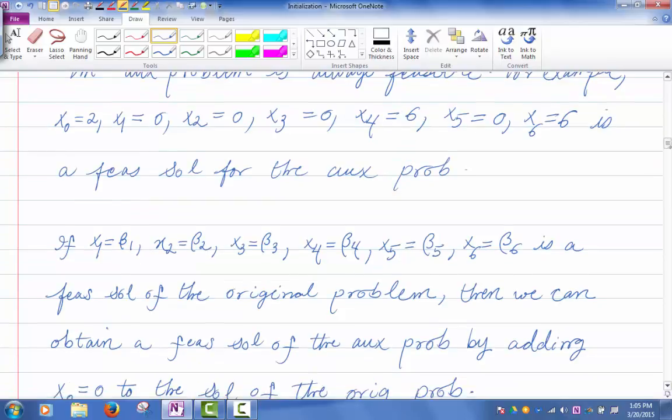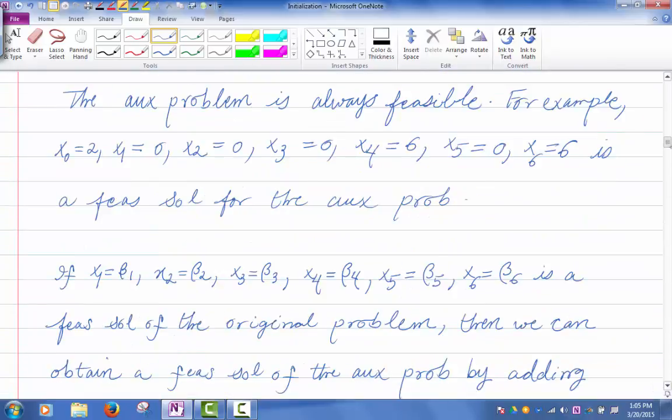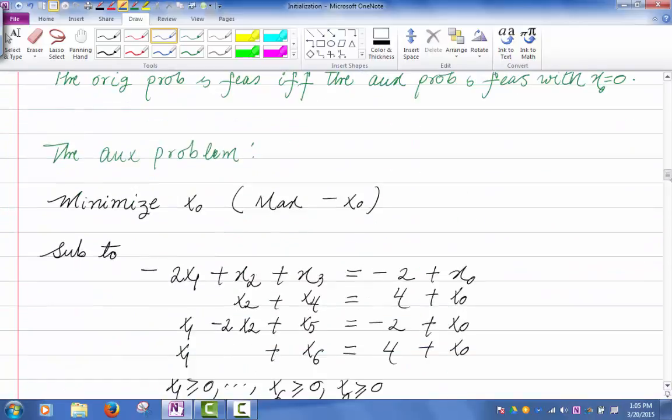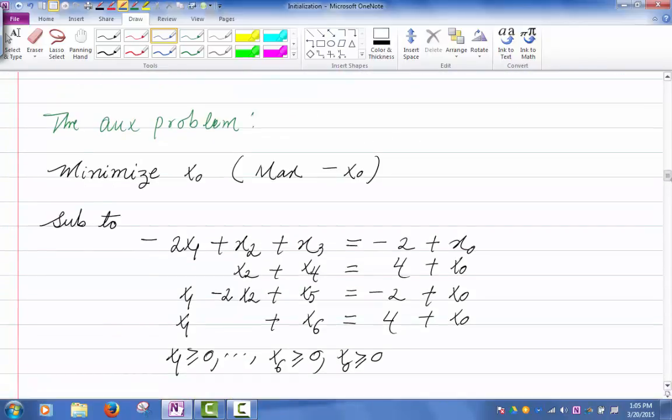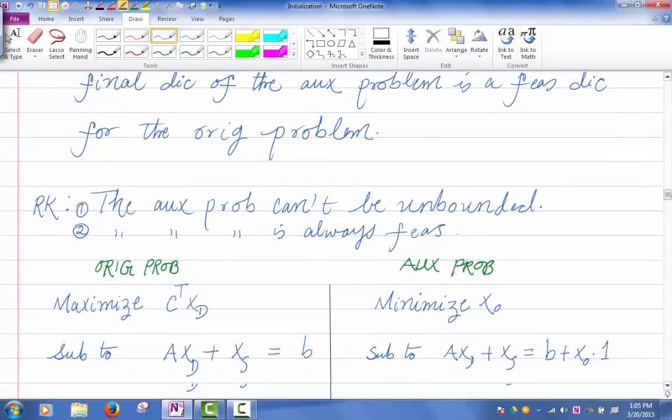Once you do that, you get this auxiliary problem, where we are minimizing x0, which is maximizing negative x0, and then we have the same constraints, except that we are adding the auxiliary variable x0 on the right hand side. And then we're going to set up the initial dictionary for the auxiliary problem.